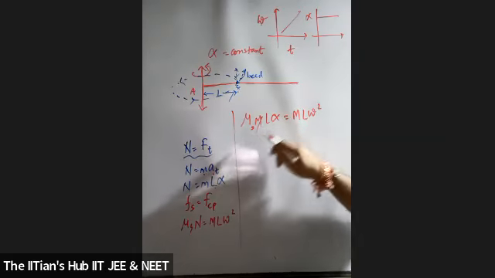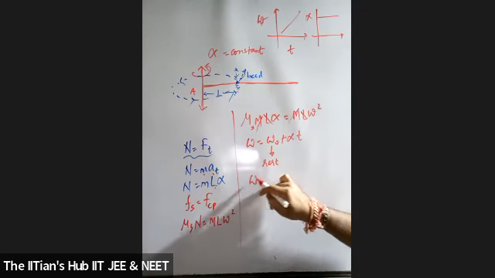Then we can write omega in terms of alpha, since it is given that alpha is constant, which means constant angular acceleration. We can use the equation omega final is equal to omega initial plus alpha into t. Here, initial omega is equal to 0, since the body is at rest initially.